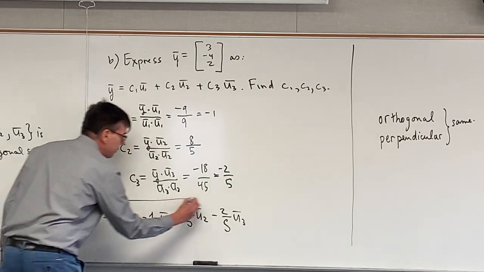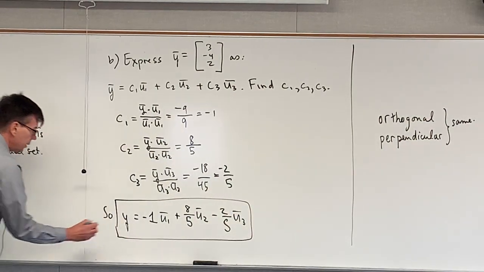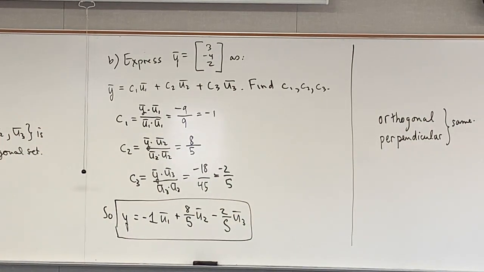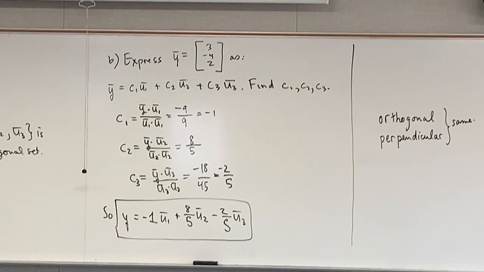That's what we were after there. So the power of this orthogonal basis is it gives us this formula where we can just figure out what those weights are in the linear combination.